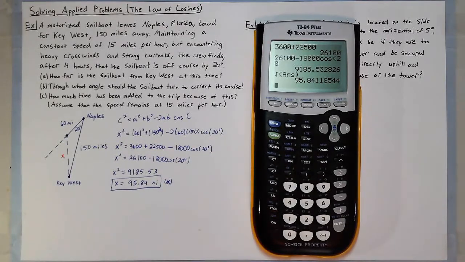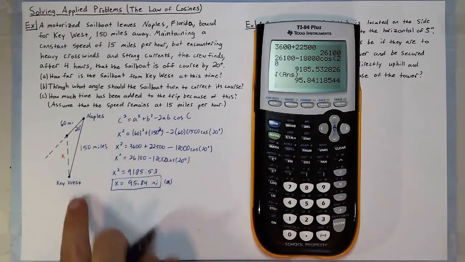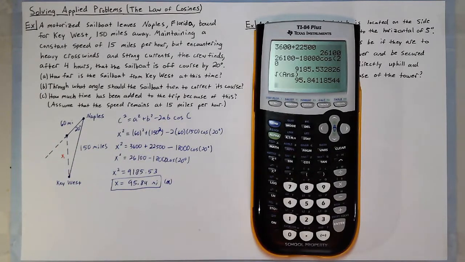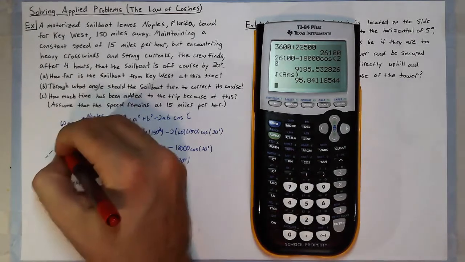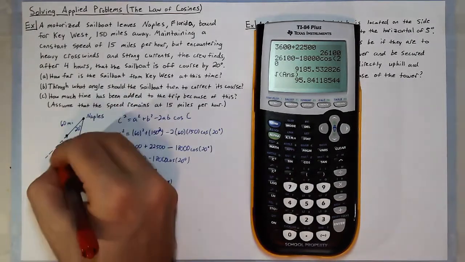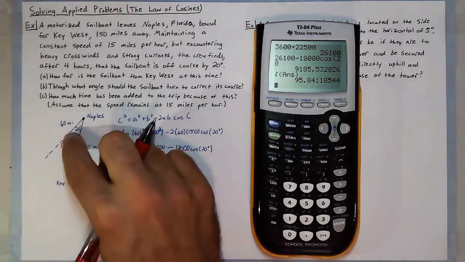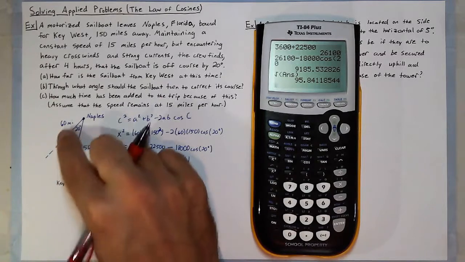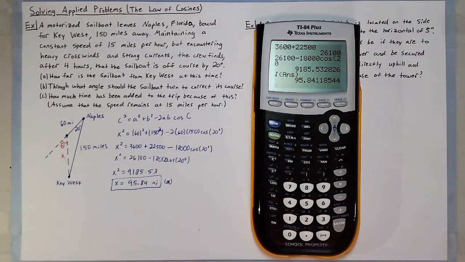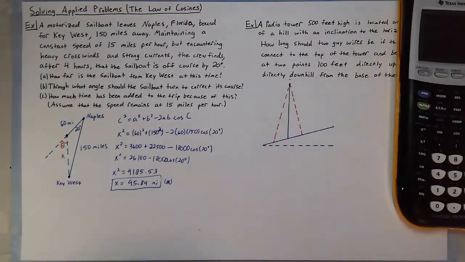So through what angle should the sailboat turn in order to get back on track? What I'm looking for is this particular angle here. In order to find that, I need to find another angle within this triangle, which I can do using the law of cosines as well.